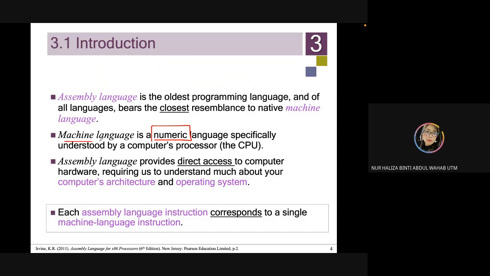Although machine language is just 101010, as I already mentioned, still, if you don't know binary, you don't know how to convert to octal, you don't know how to convert to hexadecimal, it will also be difficult for you. So that's why numbers are important.